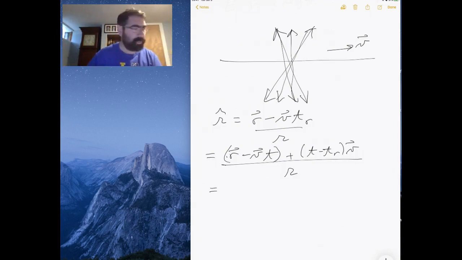If you look at this, this is now just r over little r plus v over c.